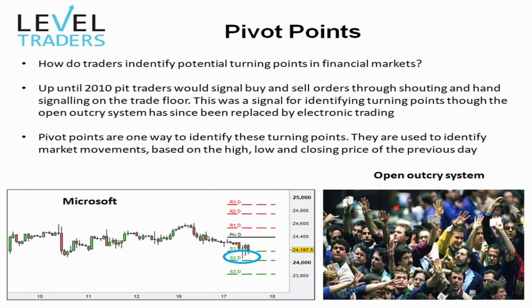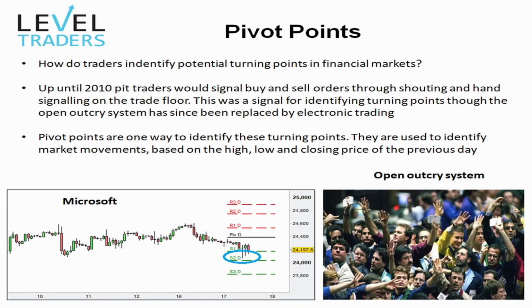In the 1 hour chart, S1 acted as strong support intraday. S2 was close to being triggered, but around S1 you can see a lot of price action. So you can see how pivot points can be used for intraday trading or scalping.